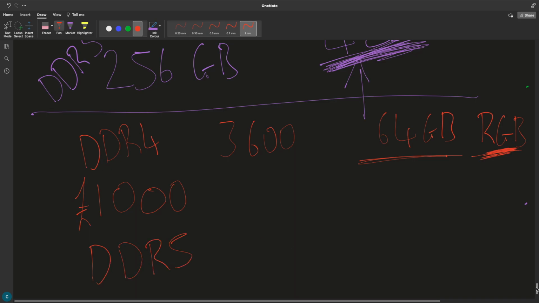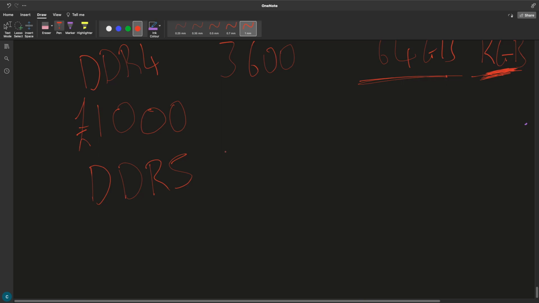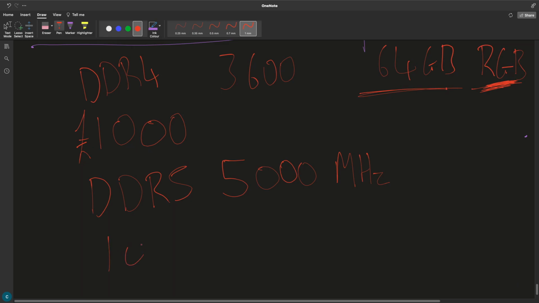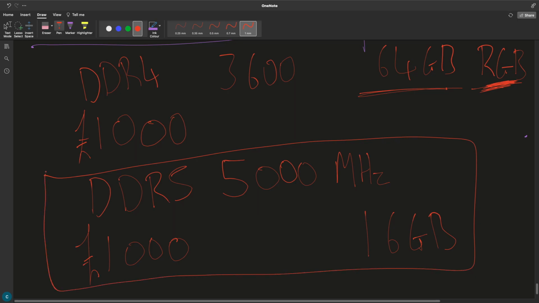DDR5 running at around, I don't know, let's say 5,000 megahertz, but that's probably overkill. And for the same £1,000, let's say, I might only be able to get 16 gig, but that 16 gig of DDR5 hasn't been well tested.